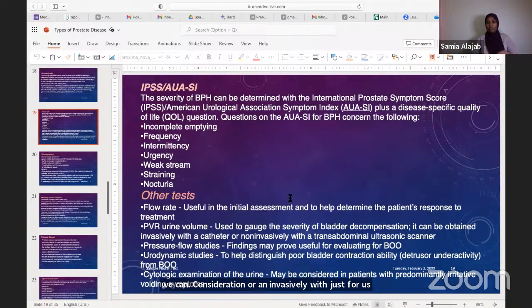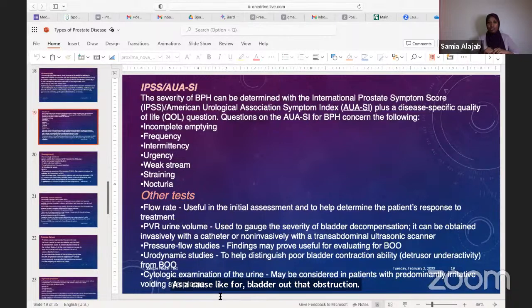Findings here may prove useful for evaluation of bladder outlet obstruction, so we can use a pressure flow and urodynamic study to help distinguish poor bladder contraction ability, like detrusor underactivity, as a cause for bladder outlet obstruction.